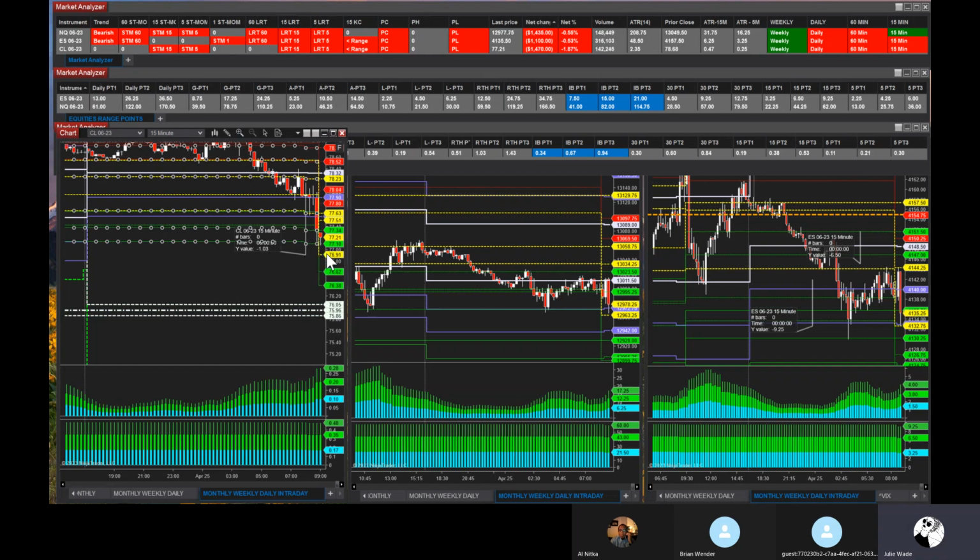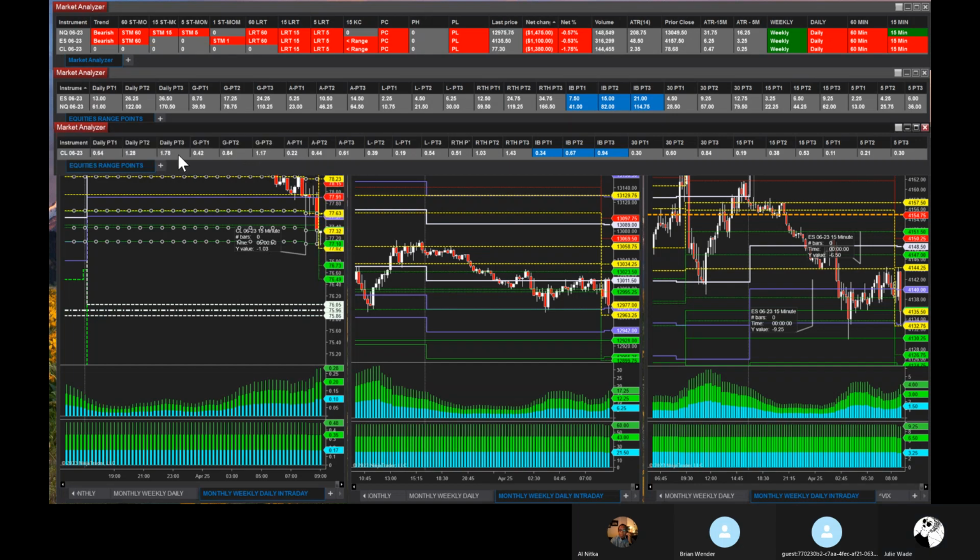And then if this range breaks, it would go to the second target, and that would be 143.